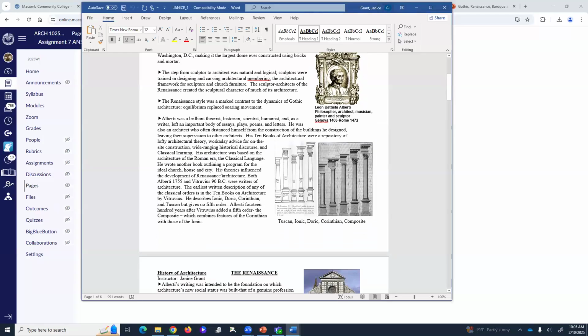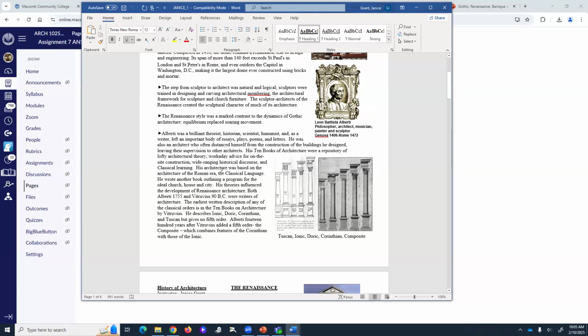And this is where Alberti did write this really great 10 books of architecture. I have that in my office as well. Probably should pull that out. And in that, he documents these 5 classical orders along with the perspective drawing and other architectural details.